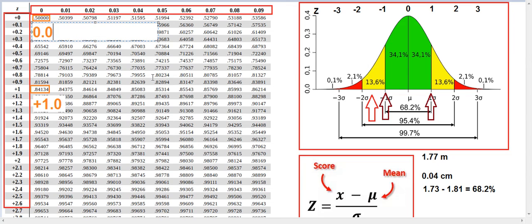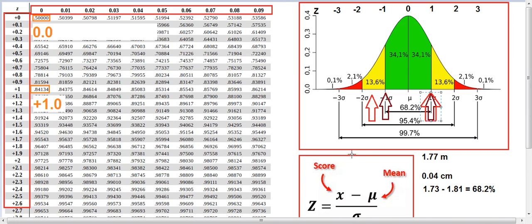What is the meaning of these numbers? If you come back to our normal distribution curve, you're going to find that this number 84, which is exactly at 1, represents this arrow here at 1 standard deviation.